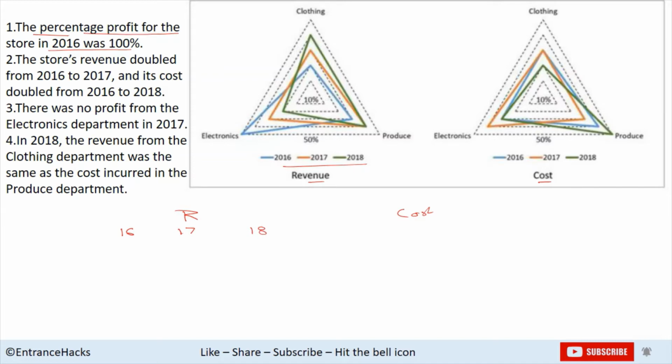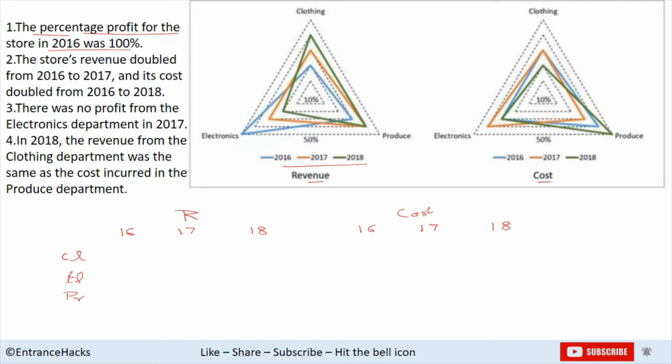Similarly, cost also will break into three columns: 16, 17 and 18. Then we'll make three rows, one for clothing, the other for electronics, and the third one for produce.